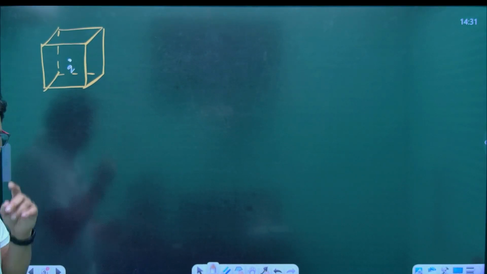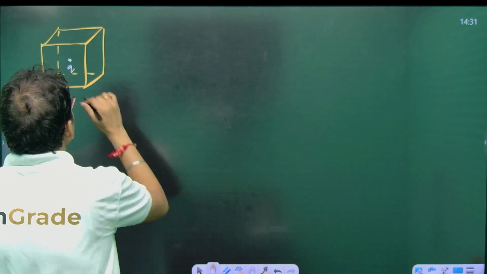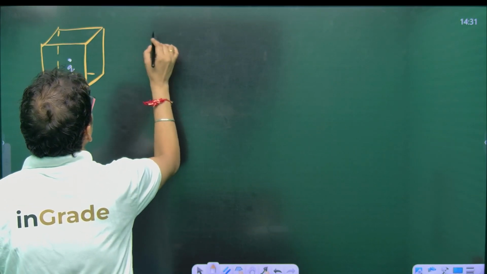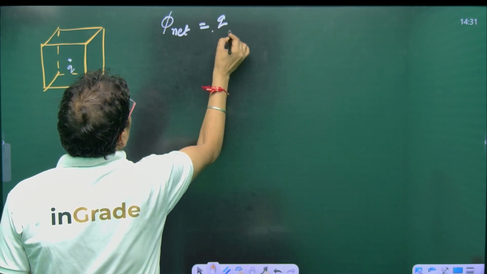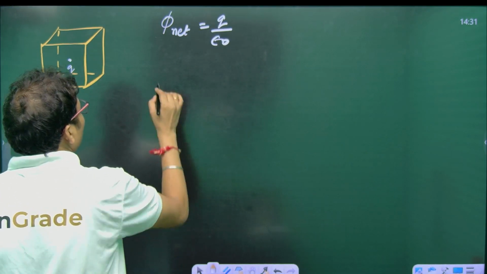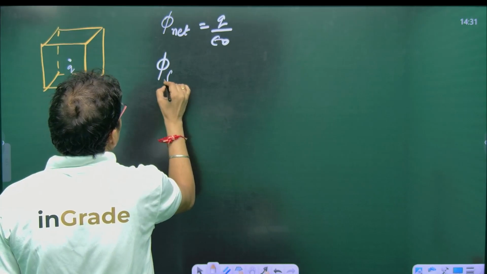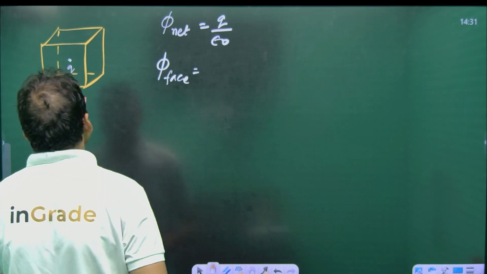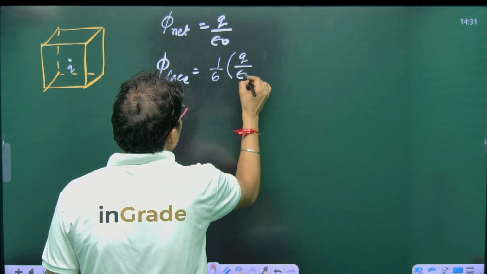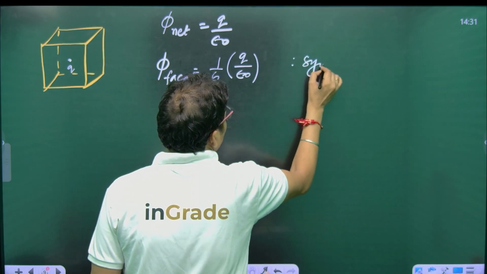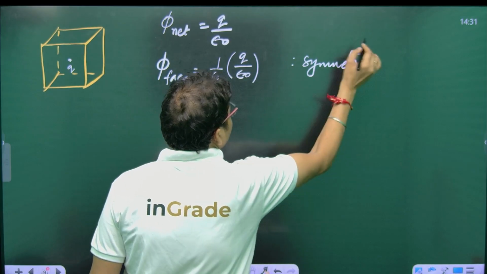So what is the flux from each face of the cube? Now look, from the symmetry we can say the total phi net will be equal to q upon epsilon naught, and from symmetry we can say from each face of the cube it is 1/6 of q upon epsilon naught, because the charge is placed at the center.